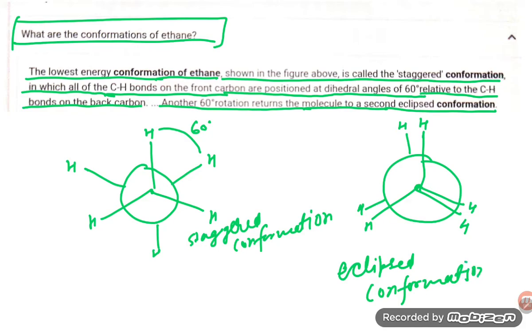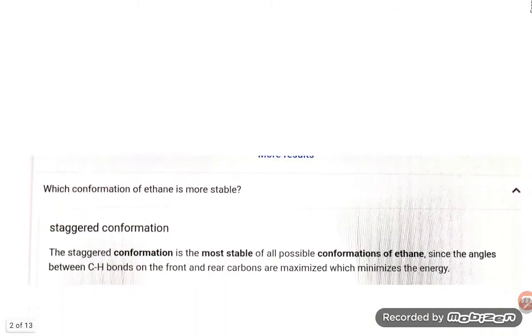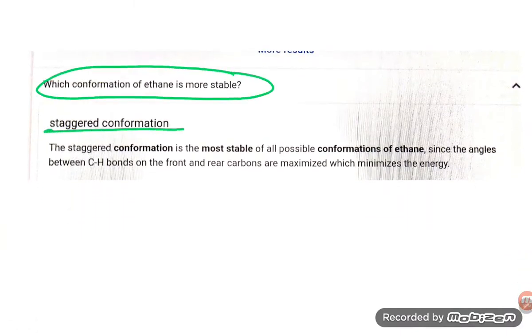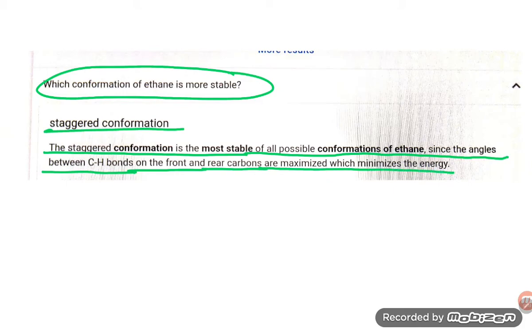Now let us see another problem based on this conformation. Which conformation of ethane is more stable? The staggered conformation is the most stable of all the possible conformations of ethane, since the angle between the CH bonds on the front and rear carbon is maximum, which minimizes the energy.